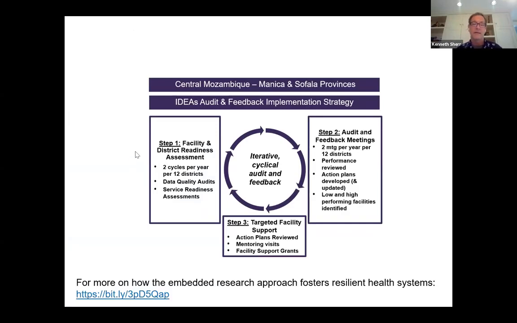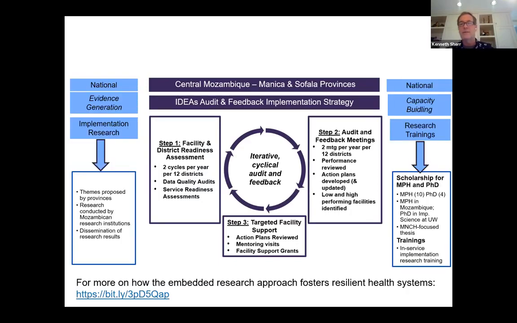But there's another component to the intervention, or to the Doris Duke Charitable Foundation support, that I'd like to describe. And that is development of implementation research capacity and applying implementation research to help guide decision-making of the Ministry of Health. And so the first element on the left is to work with provincial health authorities across the country and national level leadership to identify key priorities for targeted research.